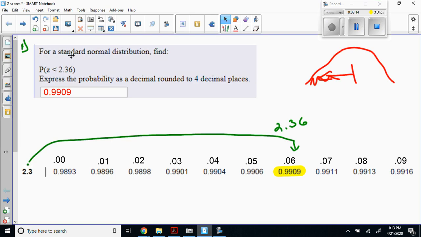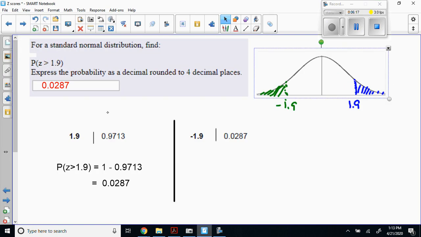Now, this one said probability of a z-score greater than 1.9. Okay. Well, you've got two ways that you can look at this, and I've done this looking at the table. If you look at my bell-shaped curve, 1.9 means it's a positive, right?